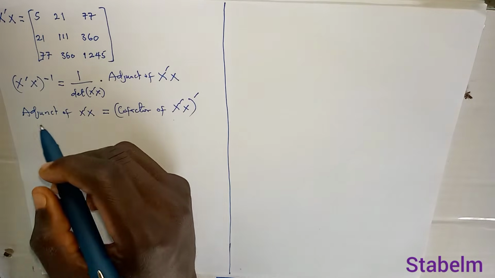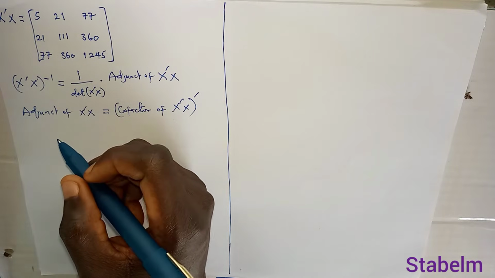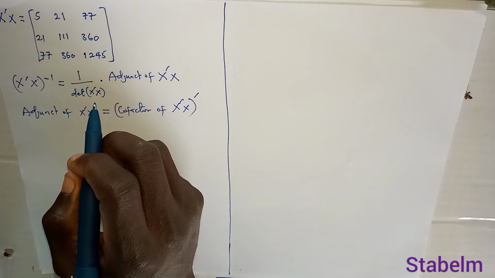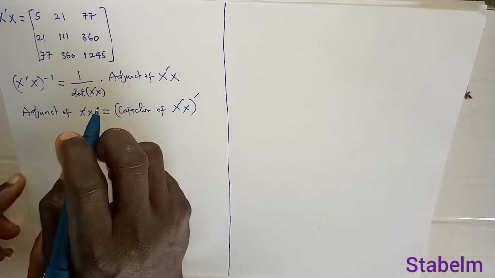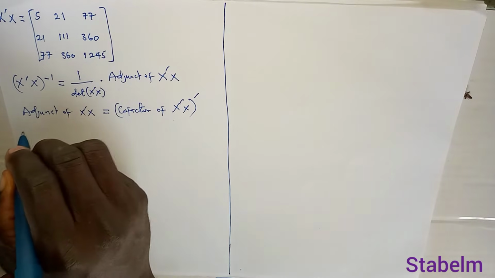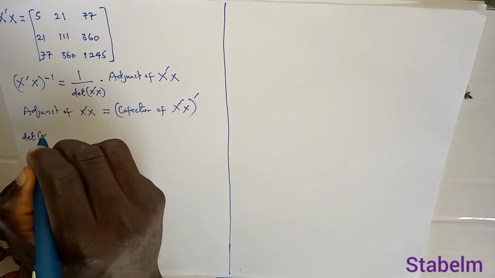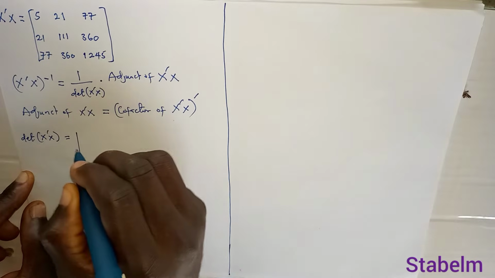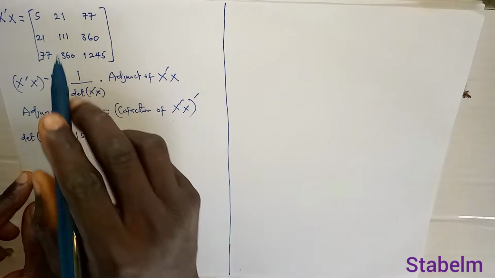But let's begin by finding the determinant of X prime X. All right, let's go there, guys. Determinant of X prime X equals 5, 21, 77. These are X prime X.